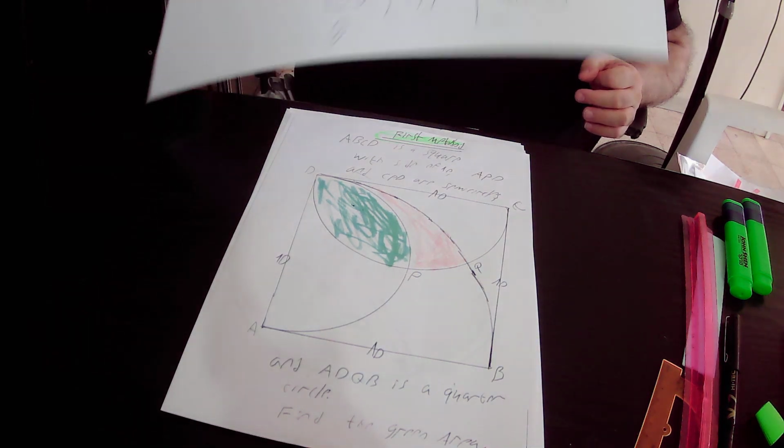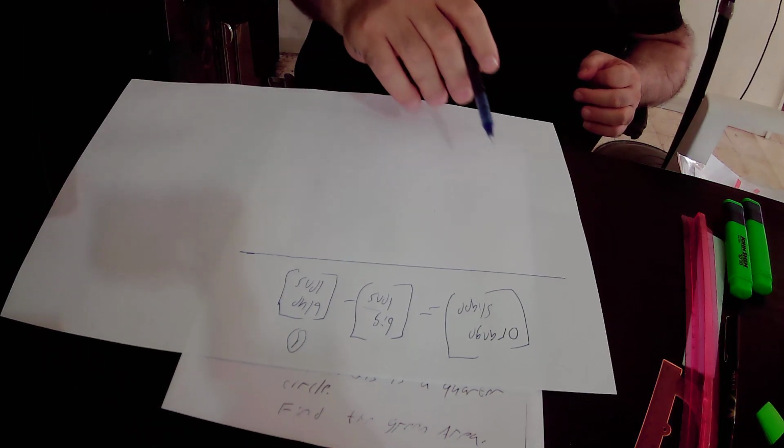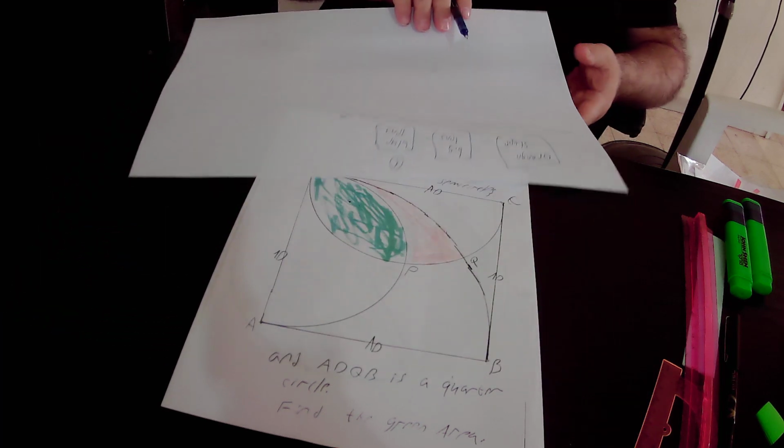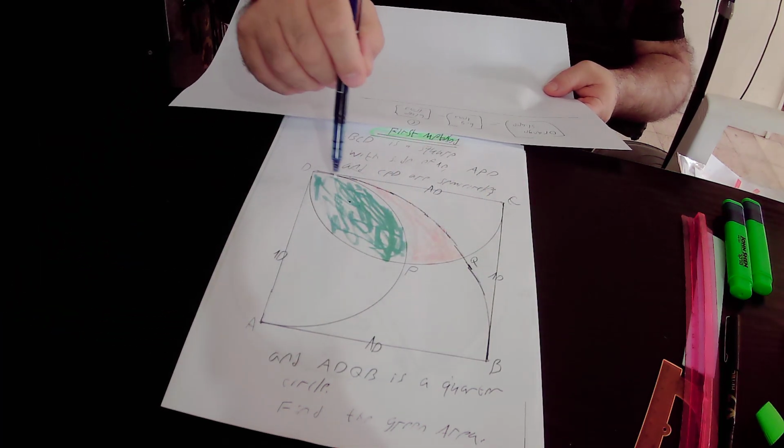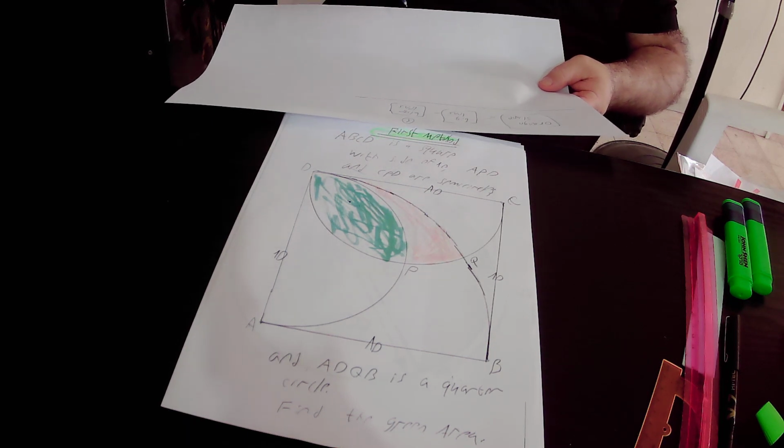Okay, I'll repeat again that the orange shape equals the area of the big lens minus the area of the blue lens.